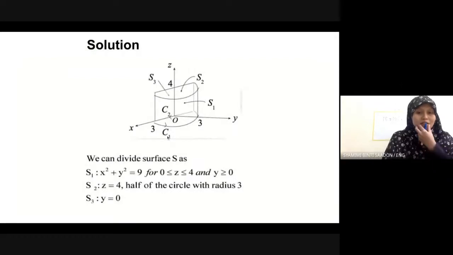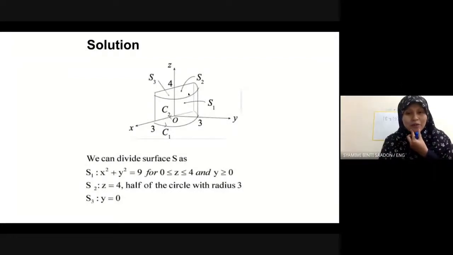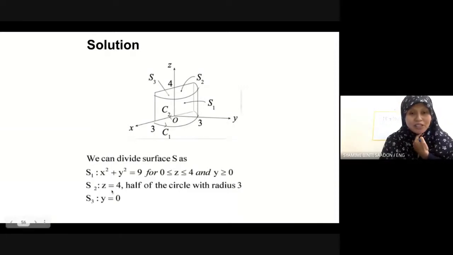Okay, so we have the boundary here. We can divide the surface S into 3 different surfaces, S1, S2, S3. The first one, S1, is x squared plus y squared equals 9.